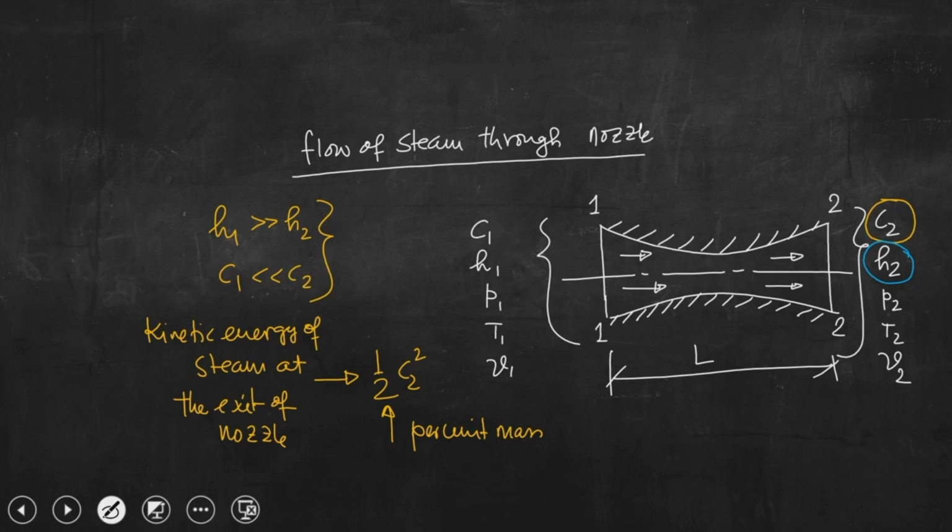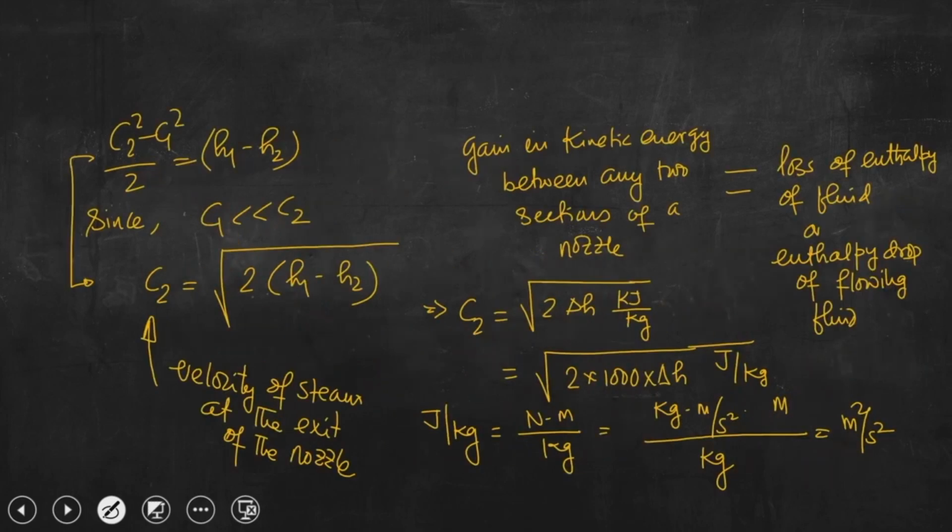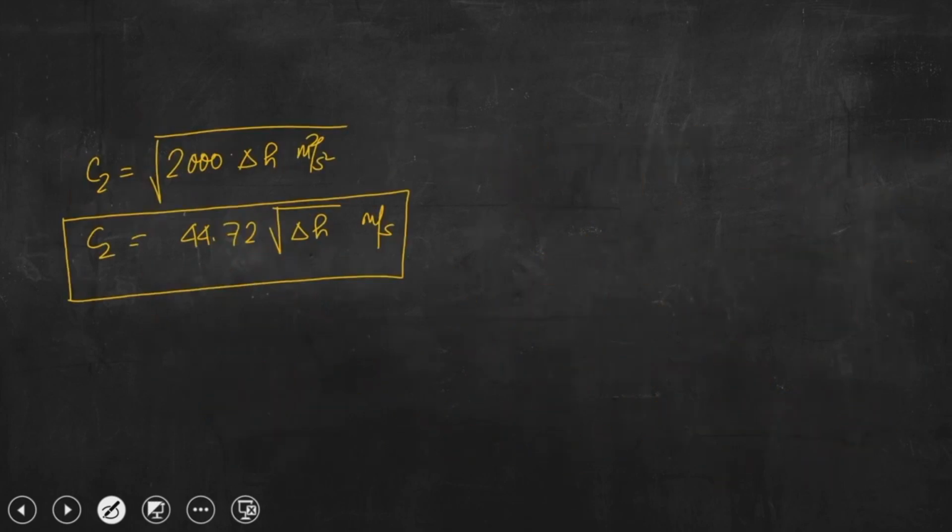The enthalpy drop, H1 minus H2, that we have assumed, and assuming that enthalpy drop we could write the expression of velocity at the exit of the nozzle using this formula, but that should not be the case, because accounting for the effect of friction in real application, the enthalpy at the exit of the nozzle will not be H2, it should be H2 prime.